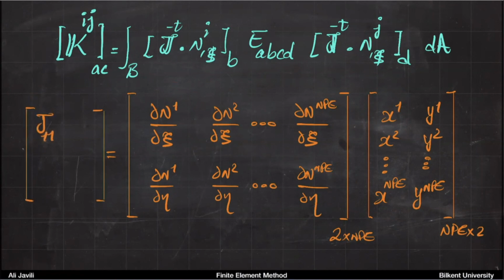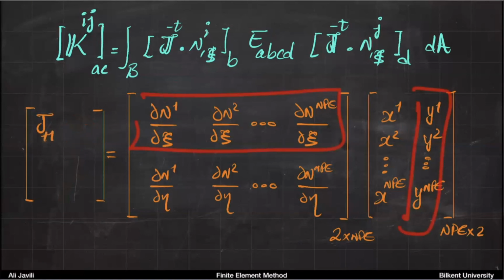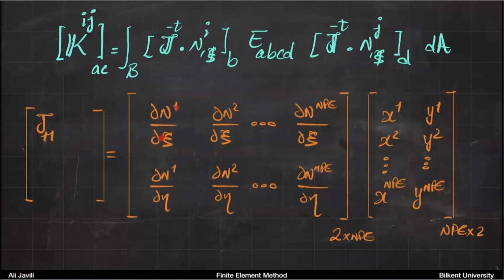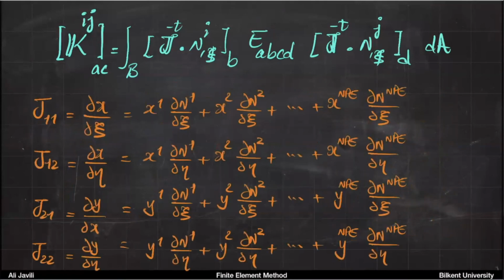Now, the next one, the first row, second column, that means the first row of this with the second column of this. That would be derivative of n1 with respect to c, y1, derivative of n2 with respect to c, y2, and so on. So if you go to the previous slide and look at that, it's this one.